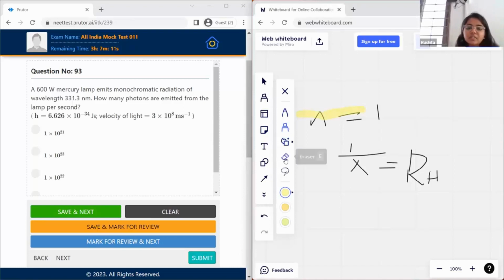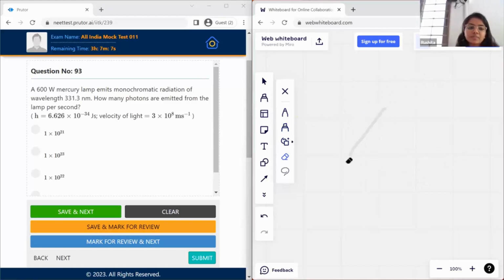Here E would be 600 and N would be the number of photons, which we need to find. h would be 6.62, c would be the speed of light, 3 into 10 raised to 8, by lambda, which is 331.3.